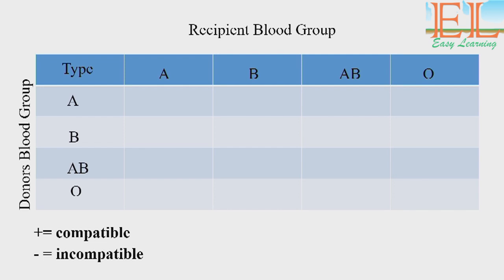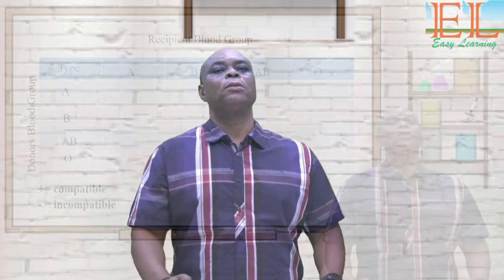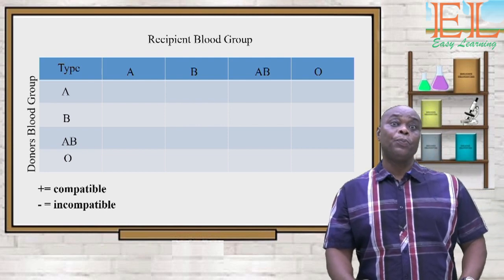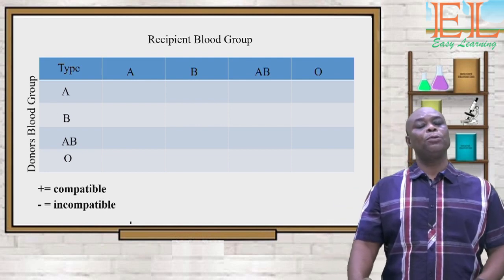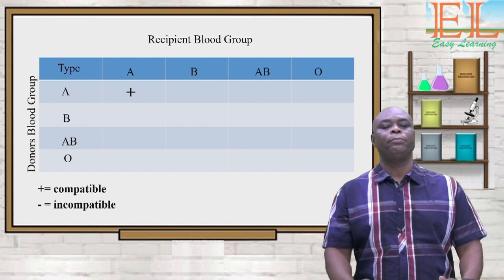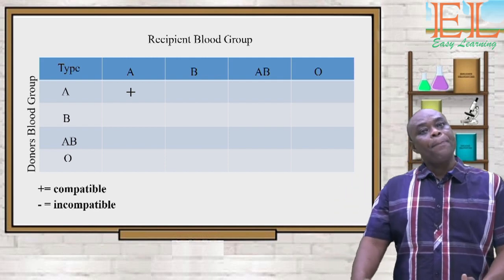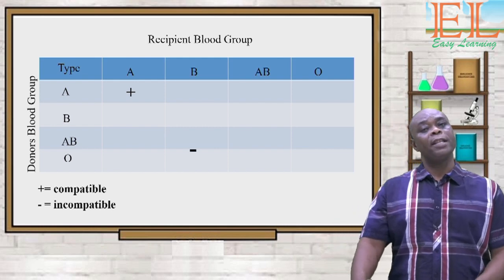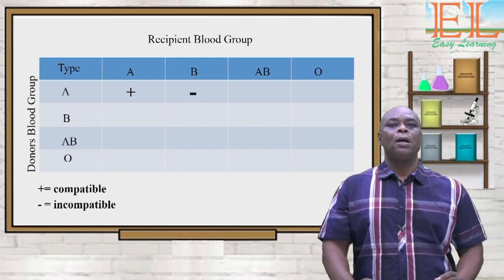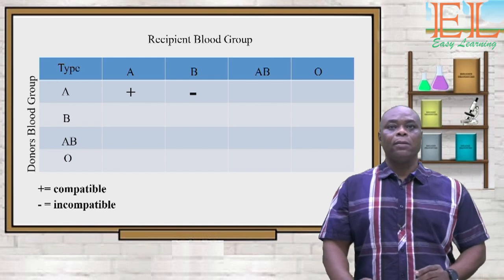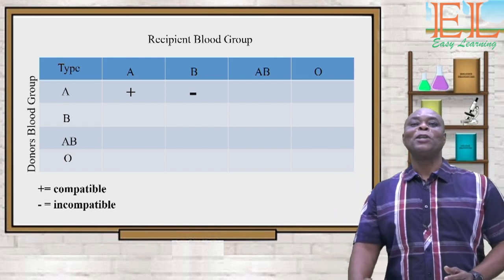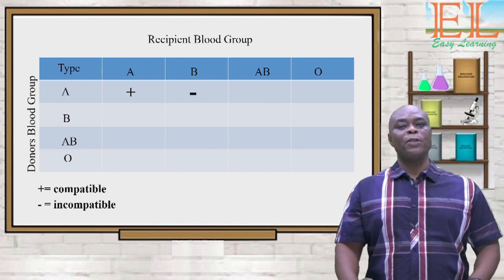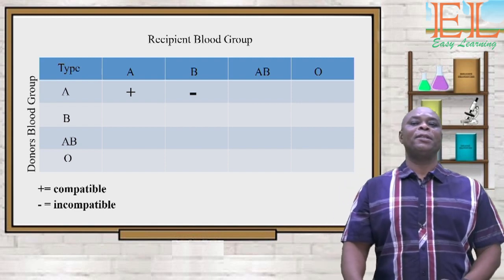A person donating blood to blood group A should also have blood group A, so they are compatible, so we put our plus there. When A is donating to B, it is impossible because B's body has anti-A, which is represented by small a. So it cannot be possible, agglutination will take place.